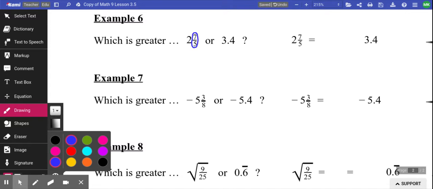So if I have 7 divided by 5, how many times could 5 go into 7? If you're counting by 5s, how many times can you get before you're bigger than 7? Once, right? That means there's going to be 1 whole and then 2 left over out of 5.